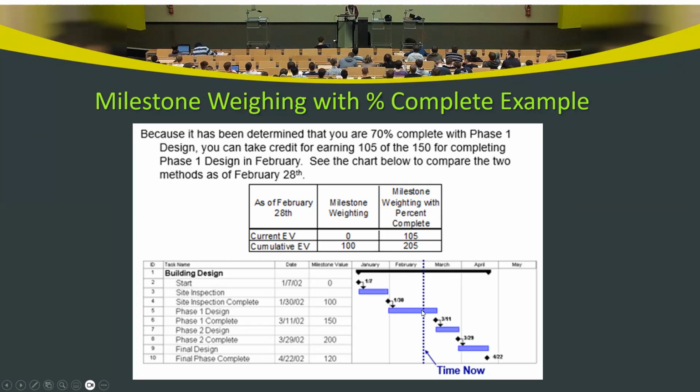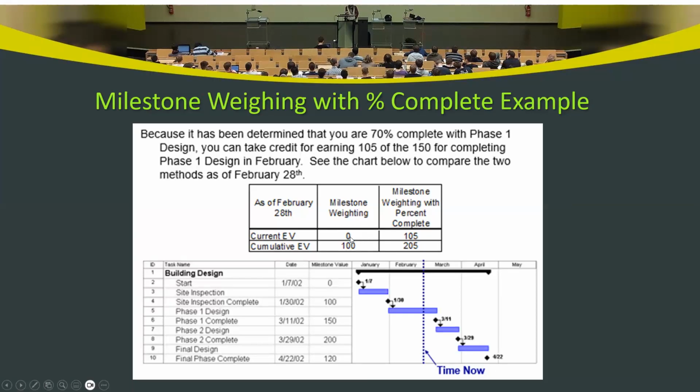So you're taking credit for the partially completed work. How much are you allowed to take credit for? 70%, which is equal to 105 in numerical value. So 70% of the total 150 gives you 105.